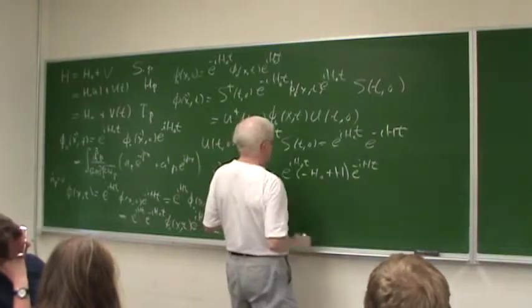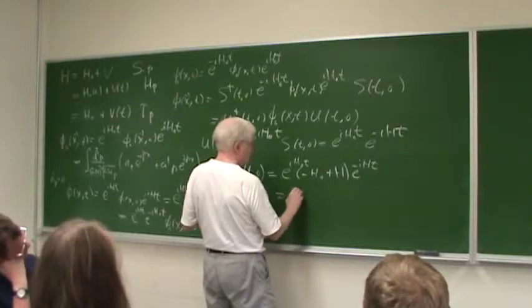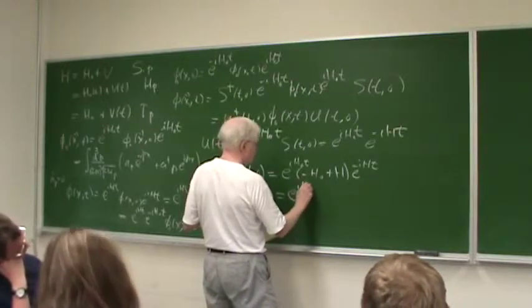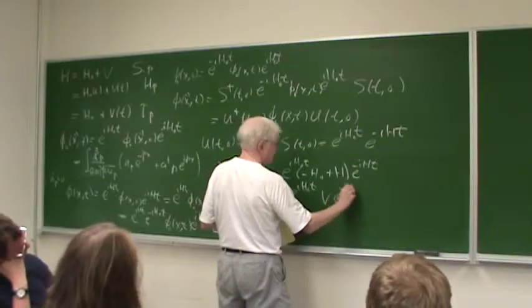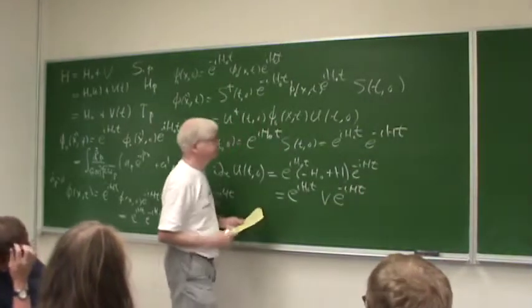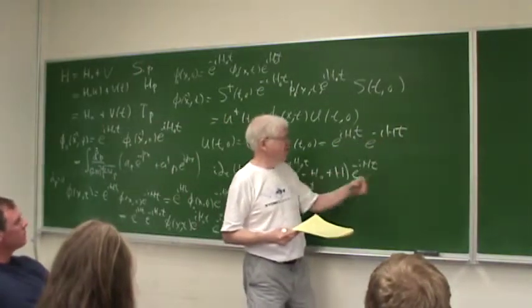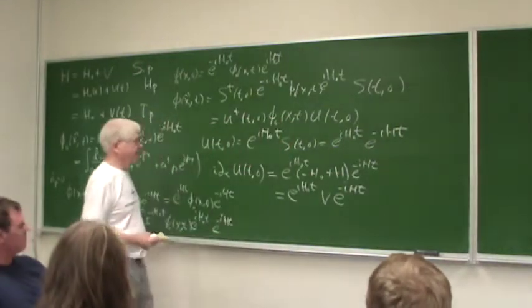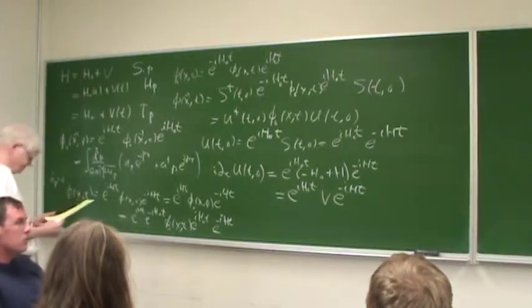But h minus h0 is v. So this is e to the i h0 t v e to the minus i h t. And in fact, in these expressions, we can imagine that h0 and h are time-independent operators.